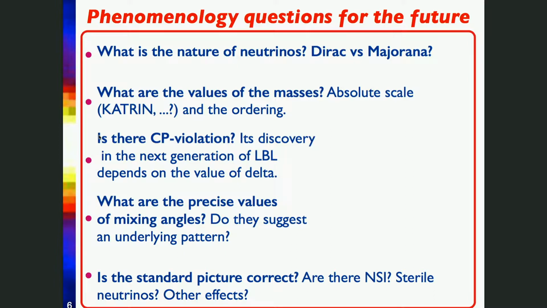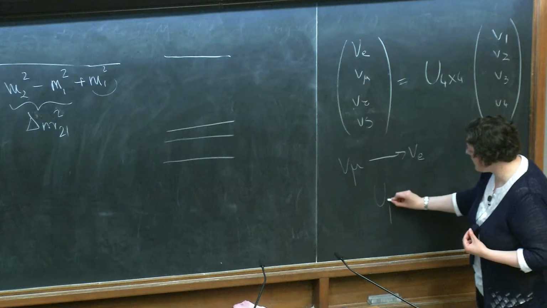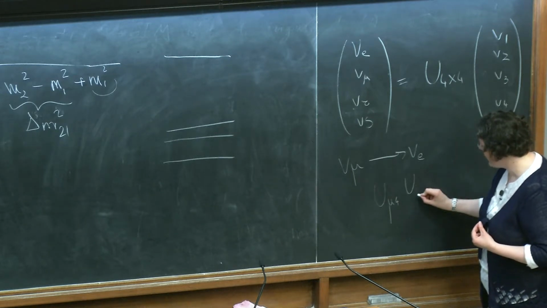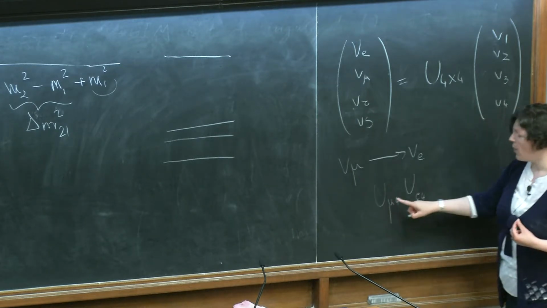So again, people have fitted the whole thing together. If you want, you can force this excess to be explained in terms of neutrino oscillations. The problem is that for any of these appearance experiments, for example nu mu into nu e, you need both the mixing of mu with the 4th neutrino and e with the 4th neutrino.